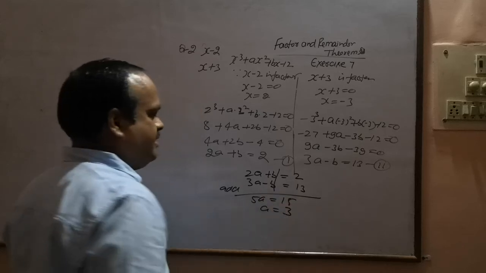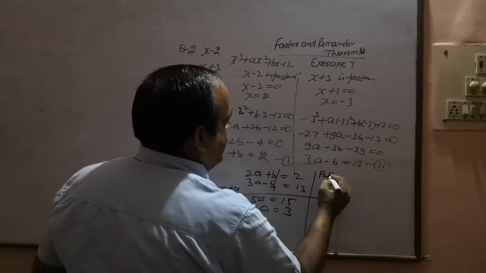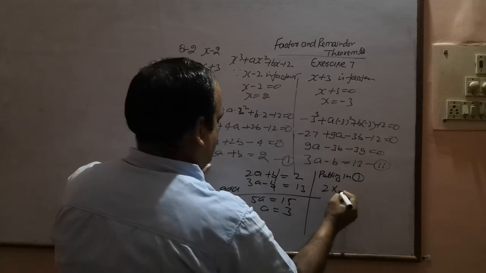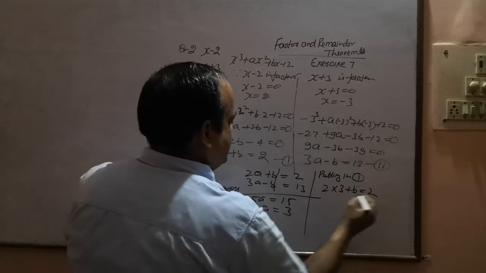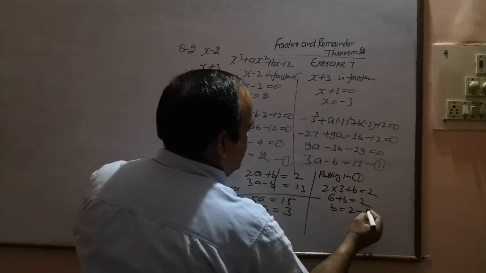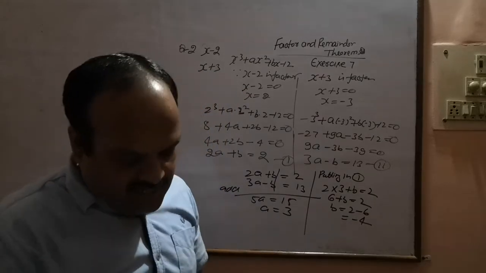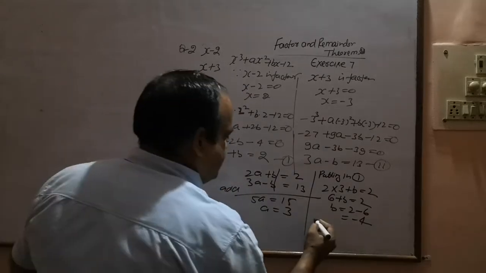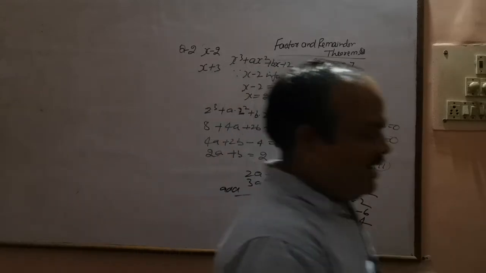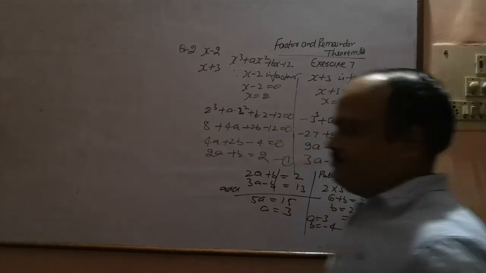So a equals 3. Put this value of a in the first equation. 2 into 3 plus b equals 2. 6 plus b equals 2. So b equals 2 minus 6, minus 4. So the values of a and b are 3 and minus 4.